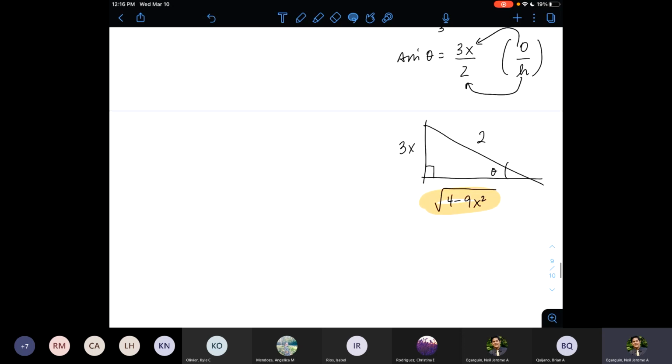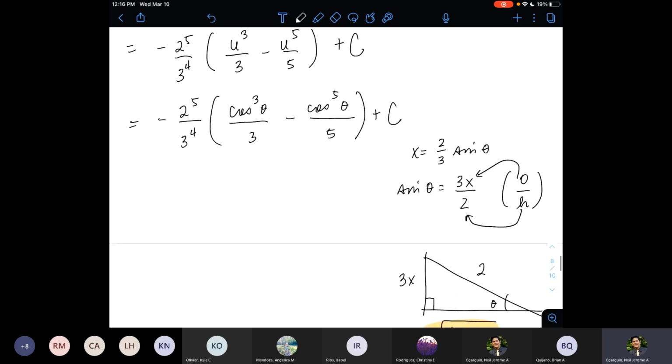So if that's the case, then what do we see? So that means cosine theta is equal to, cosine is adjacent over hypotenuse. So adjacent to theta is root of 4 minus 9x squared over hypotenuse, which is 2. Okay, so we'll use this here.